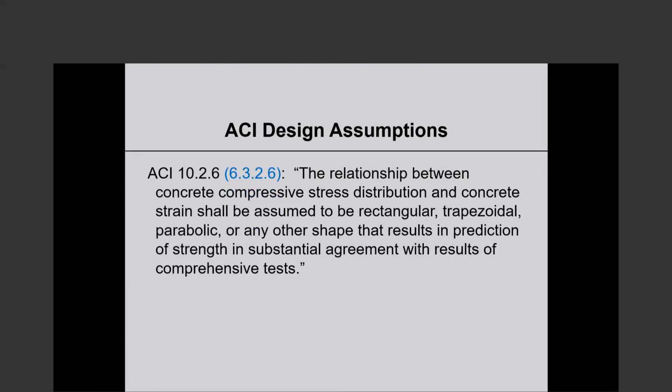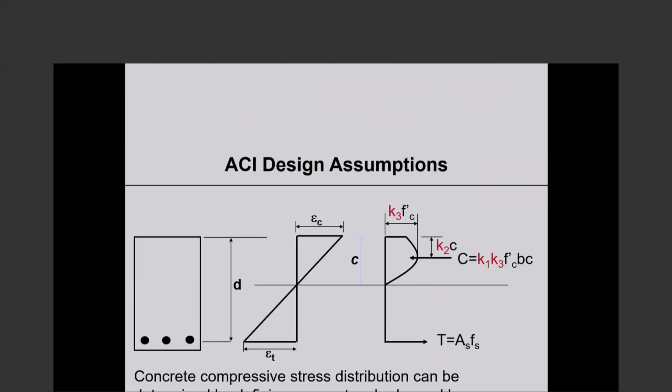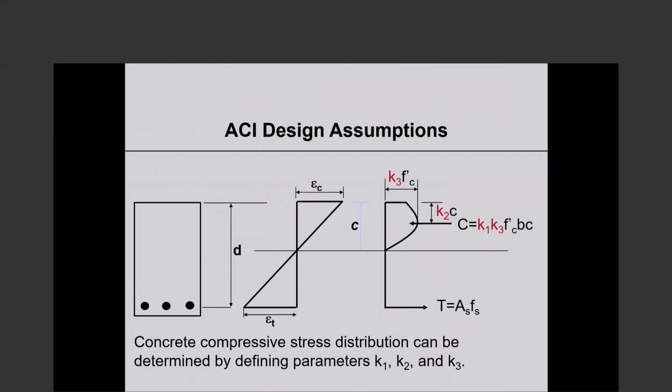However, the relationship between concrete compressive stress distribution and concrete strain shall be assumed to be rectangular, trapezoidal, parabolic, or any other shape that results in prediction of strength in substantial agreement with results of comprehensive tests. This is all very important, but probably not understandable upon reading. So let us look at this.